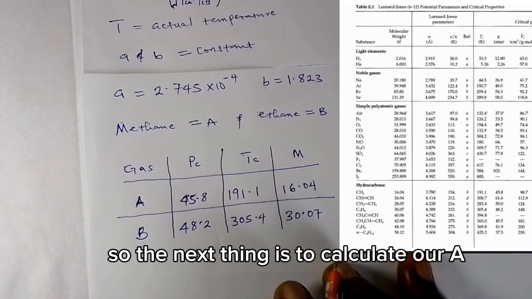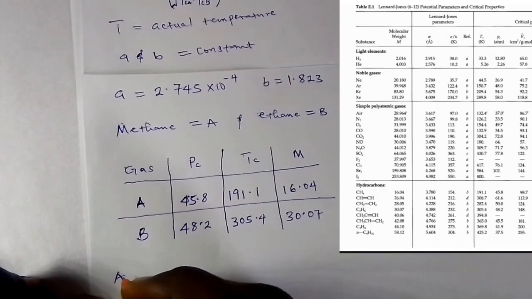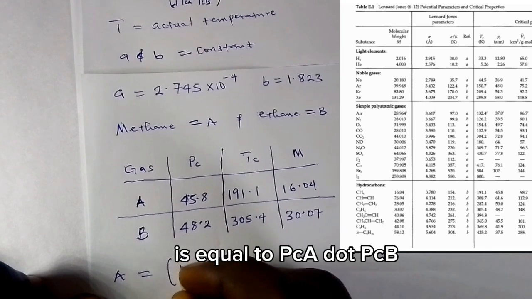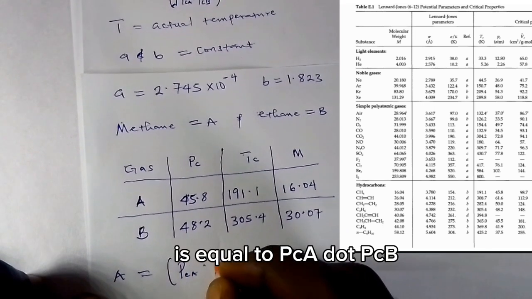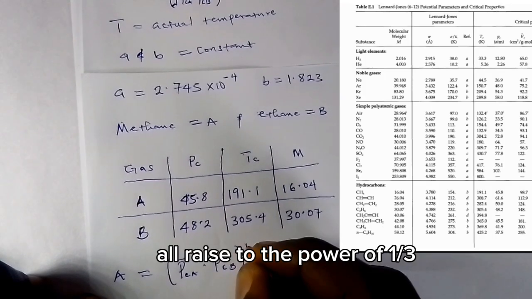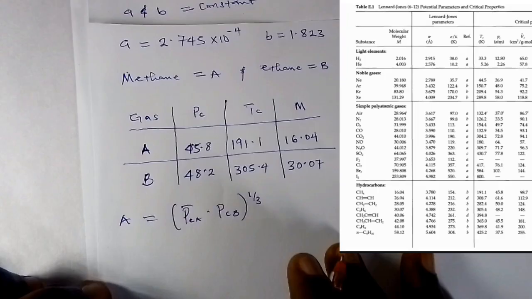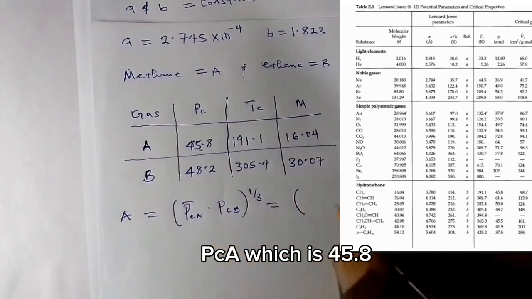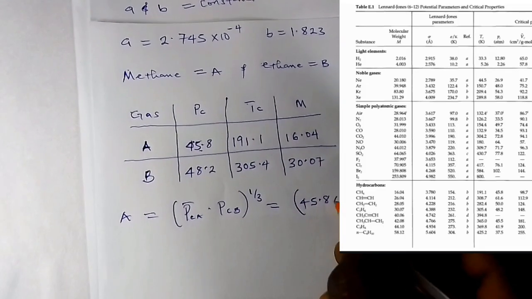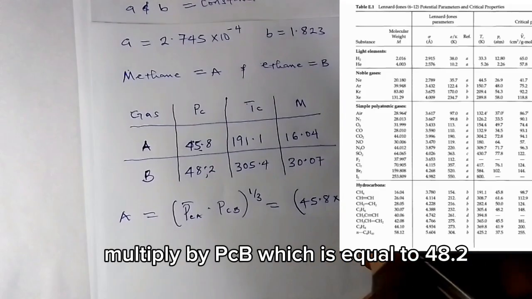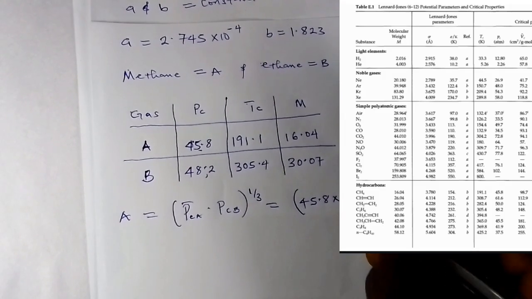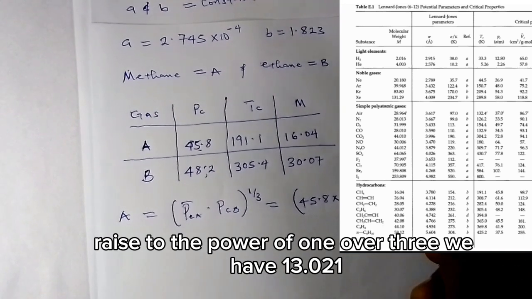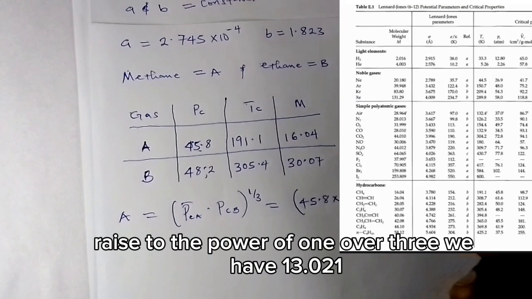So the next thing is to calculate our A. From the previous formula, A is equal to PCA times PCB, all to the power of 1/3, which is equal to PCA, which is 45.8, multiplied by PCB, which is 48.2, to the power of 1/3. We have 13.021.